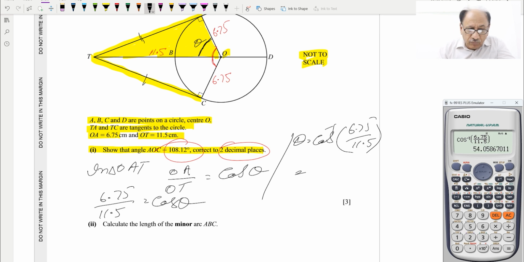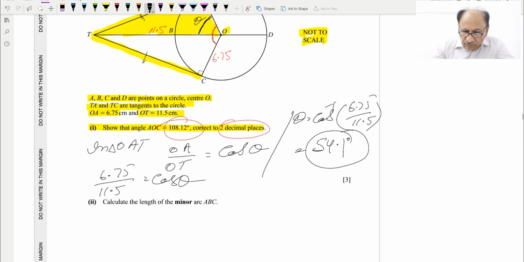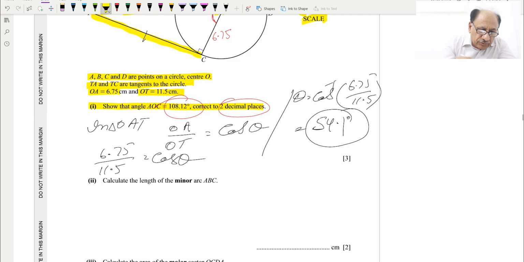So 54.05, or you can write 54.1. Again I'm saying, it should be in degree mode. Radian mode is used mostly in A level, but you will have to check, it should be in degree mode for these calculations.